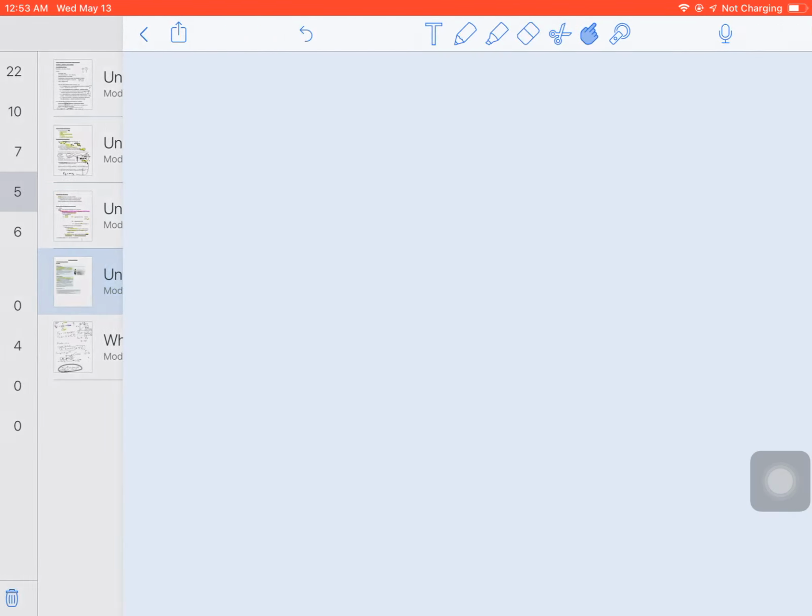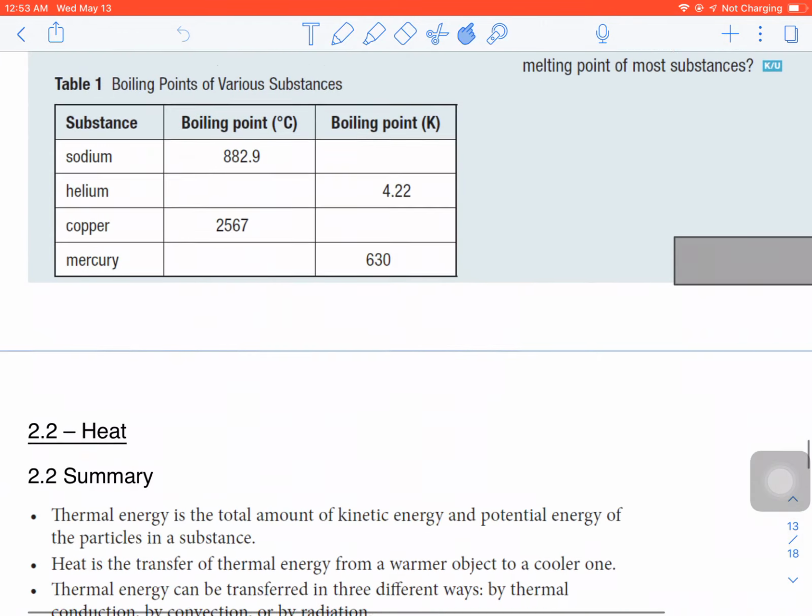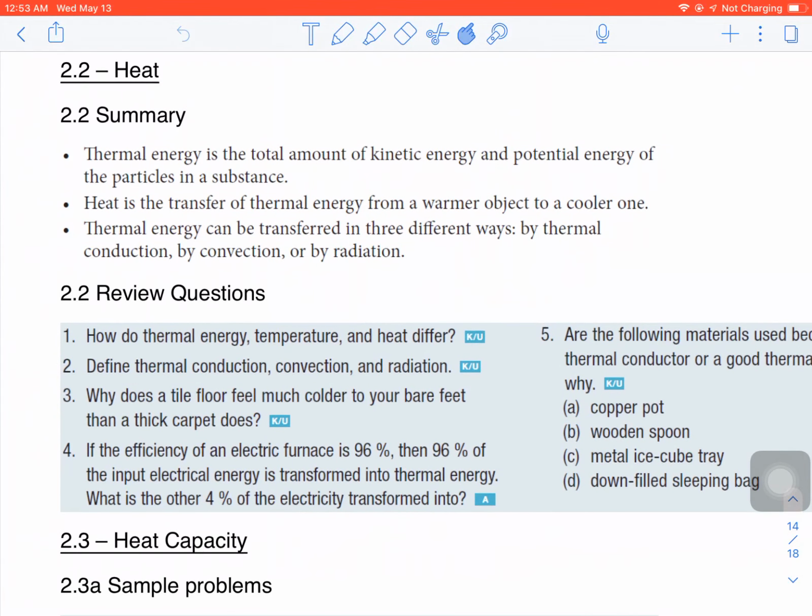in the samples and homework package here for section 2.2, there's a summary here, right? And then there are some review questions, and I'm going to leave you to work on those. When we come back to this tomorrow, we're going to get back into some heat capacity, which is starting to use our calculators again. But for today, we're not going to be using our calculators.